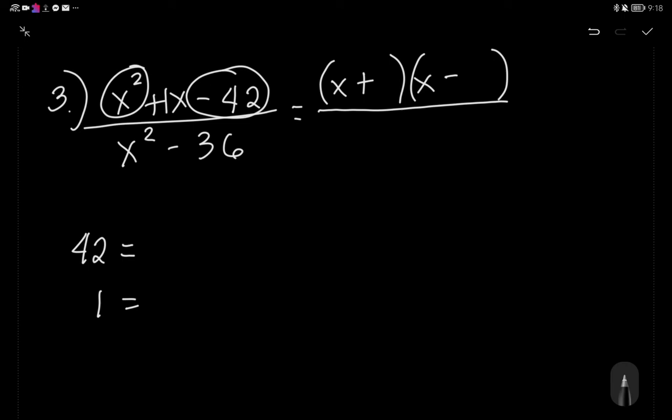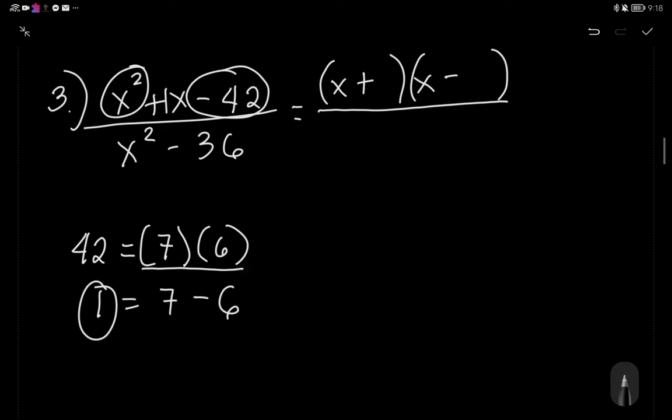One factor pair of 42 is 7 times 6. And that is 42. When we subtract 7 minus 6, that is 1. So the factors are correct. Now notice that the sign of the middle term is positive. That means whichever is the larger of the two factors will be positive. So, 7 is positive and 6 is negative.